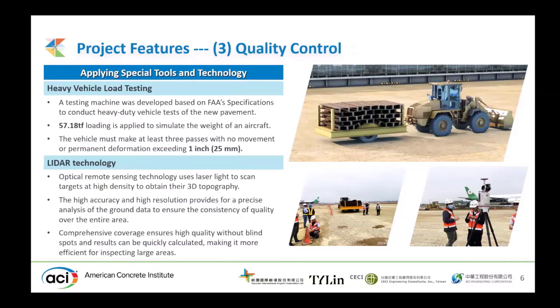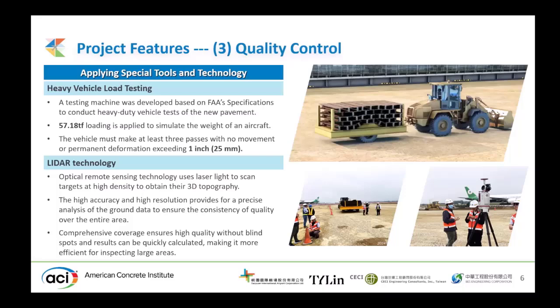Okay, that's the material. The next feature, applying special tools and technology. We developed a testing machine to conduct a heavy-duty vehicle test of the pavement. This is based on the FAA's spec.